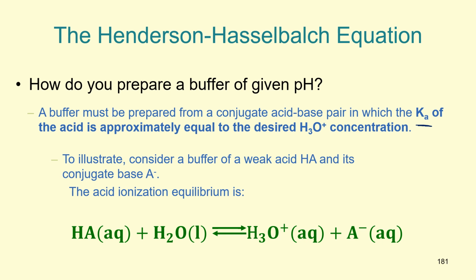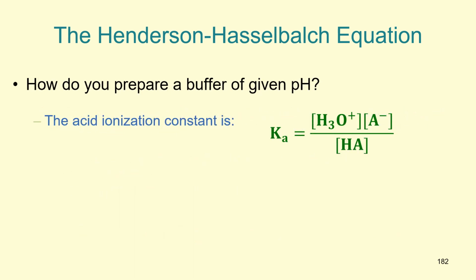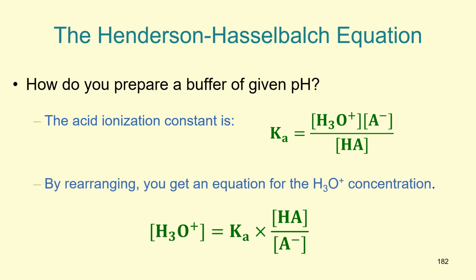So here's our generic acid with a conjugate base over here, and we can write our Ka expression. This is nothing new: H plus times A minus over HA. What we can do is rearrange this equation, and it's not super important if you're not following.